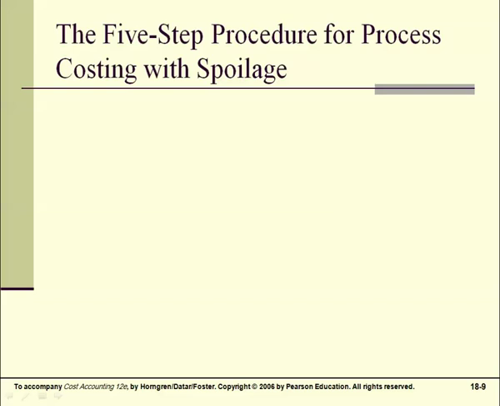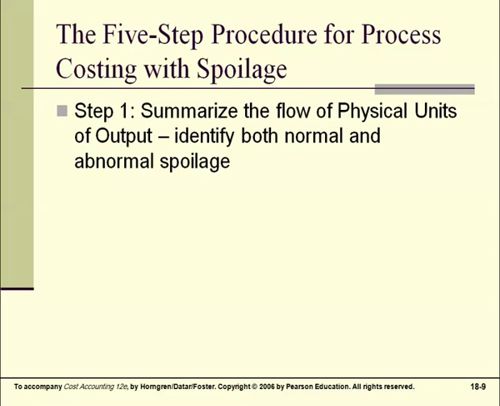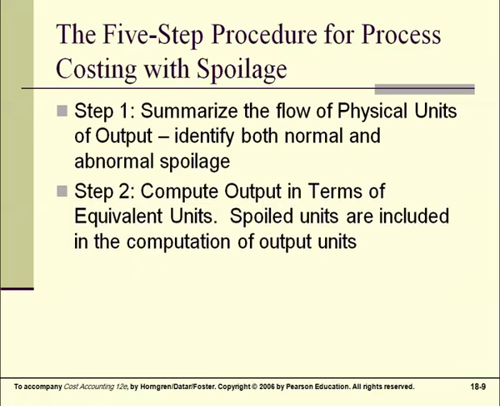The 5-step procedure for process costing with spoilage. Step 1. Summarize the flow of physical units of output, identifying both normal and abnormal spoilage. Step 2. Compute output in terms of equivalent units. Spoiled units are included in the computation of output units.